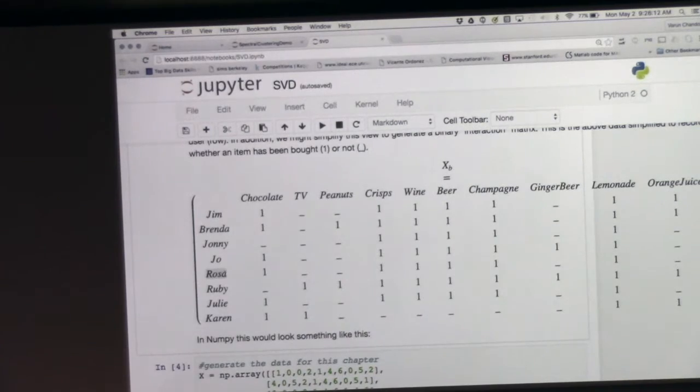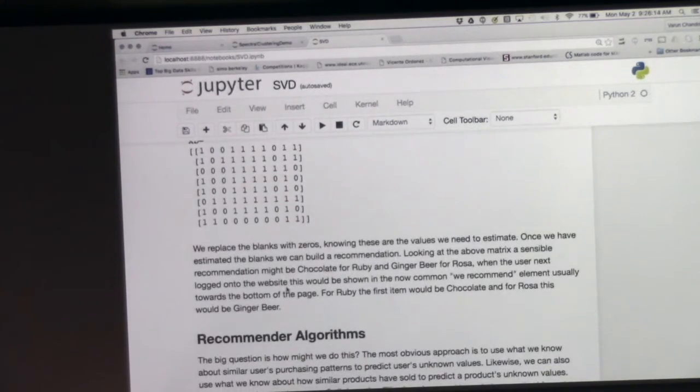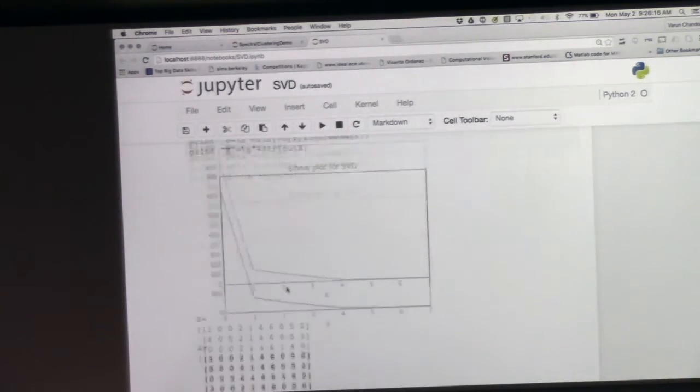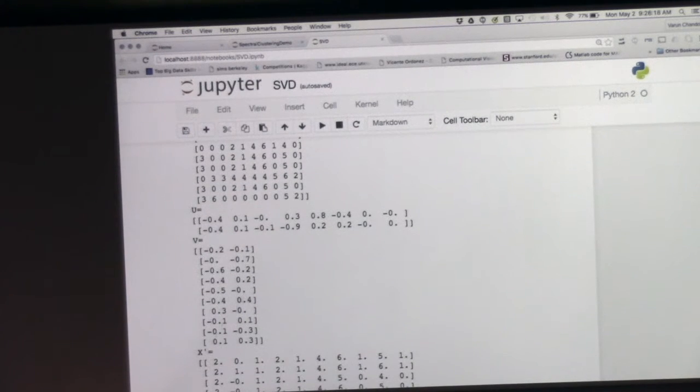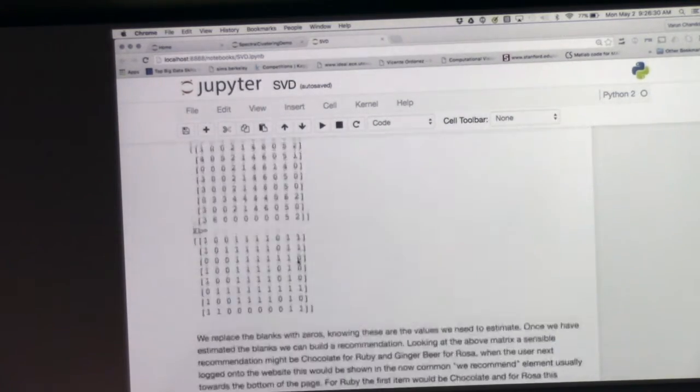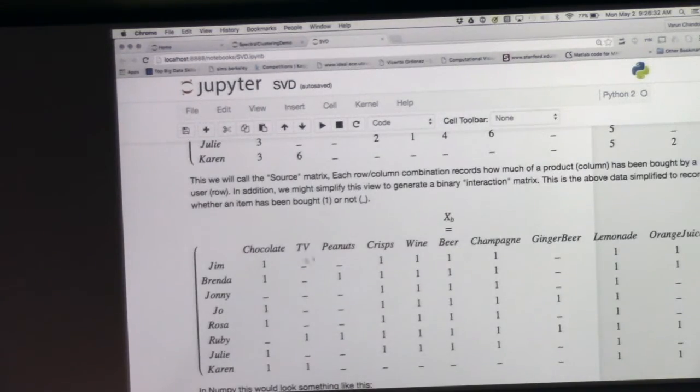Then you can also study the right singular vectors, for example this one, which correspond to the attributes. This one probably gives some importance to these values, which are TV and peanuts and so on. But there are some drawbacks behind using SVD.